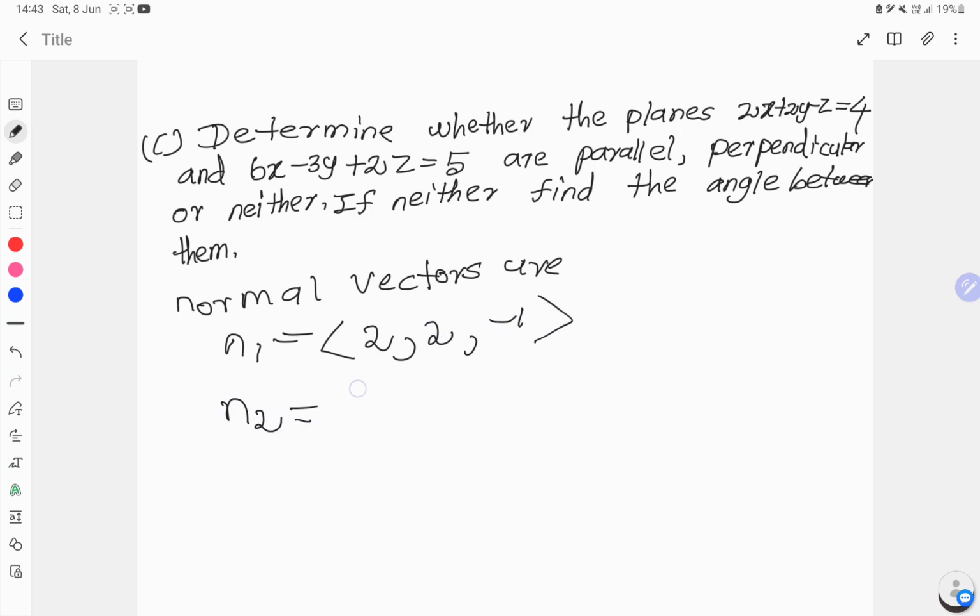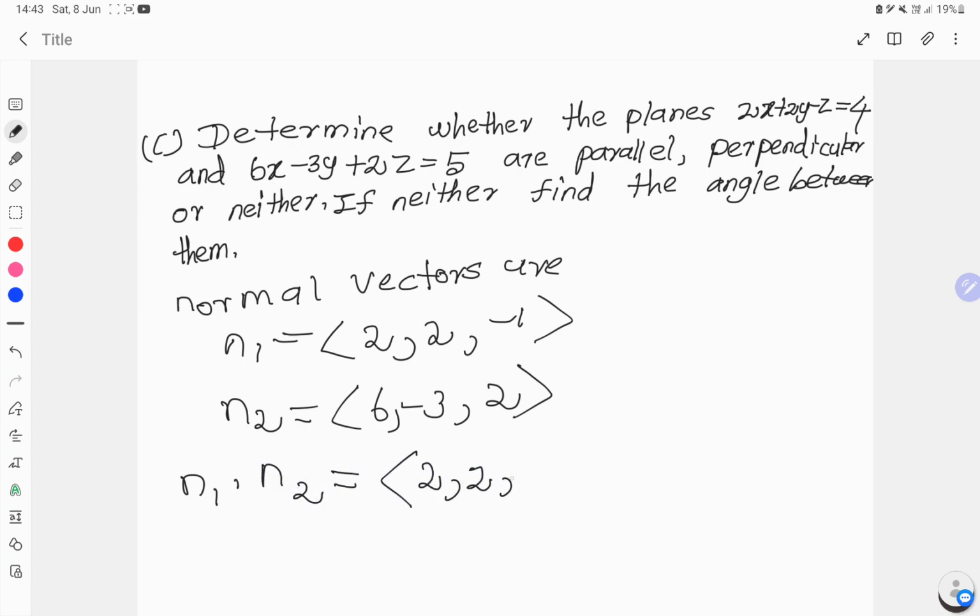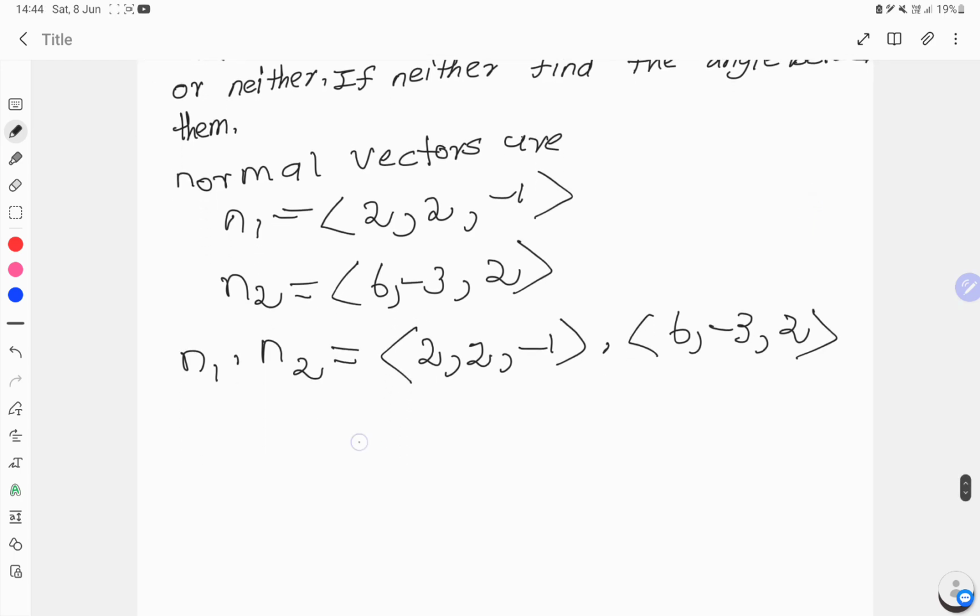Second plane 6, minus 3, 2. Then we take a dot product of those. This gives 12 minus 6 minus 2 equal 4.